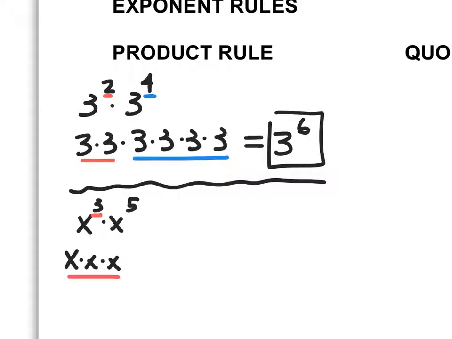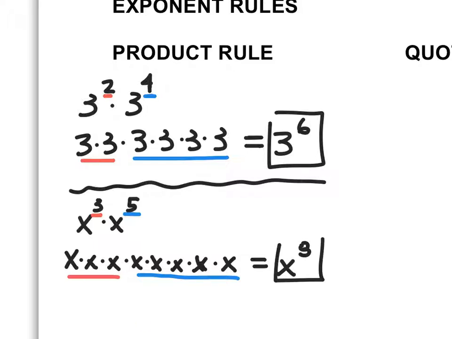And then I'm going to do x to the 5th, so it's going to be 1, 2, 3, 4, and 5 x's multiplied by each other. So how many total do I have? I've got 1, 2, 3, 4, 5, 6, 7, 8, and that's going to give me x to the 8th.